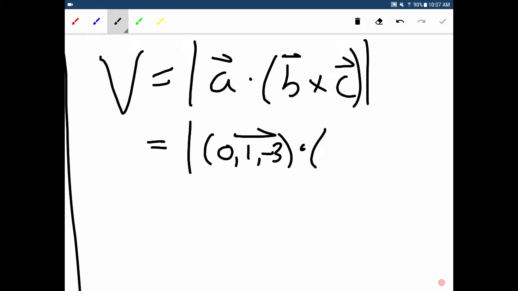Where I've drawn these absolute value signs, it doesn't mean magnitude in this case. It does mean absolute value, because if we get a negative answer, that's fine, we just drop the negative, because you can't have a negative volume. That doesn't make any sense. And then it's dot the cross product that we found, 2, -4, and 2.